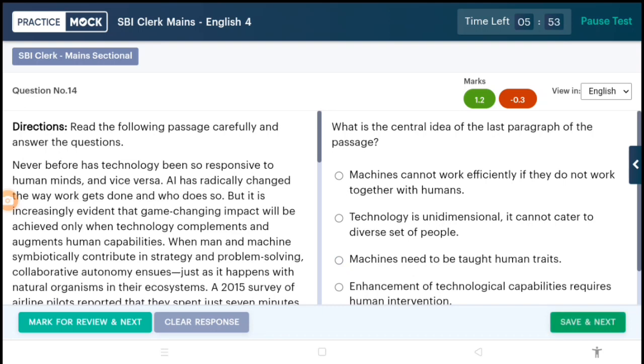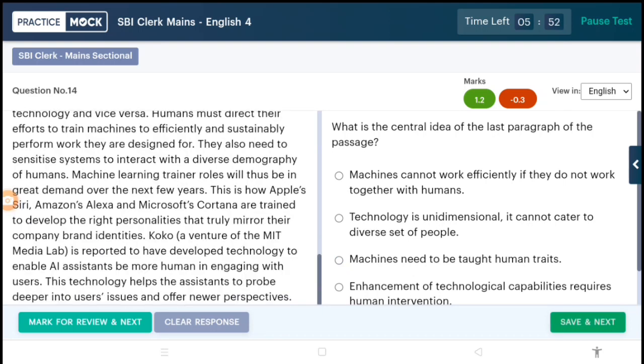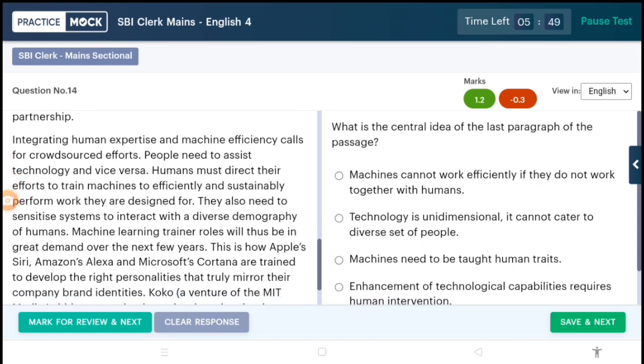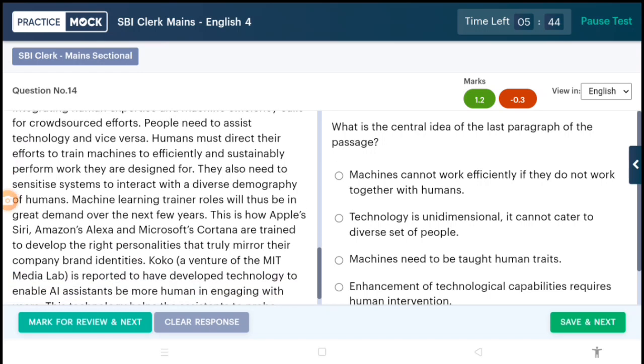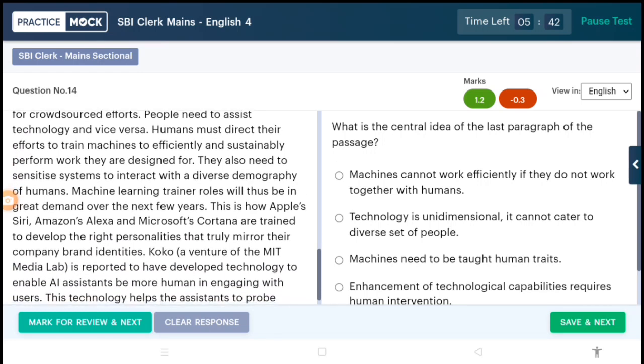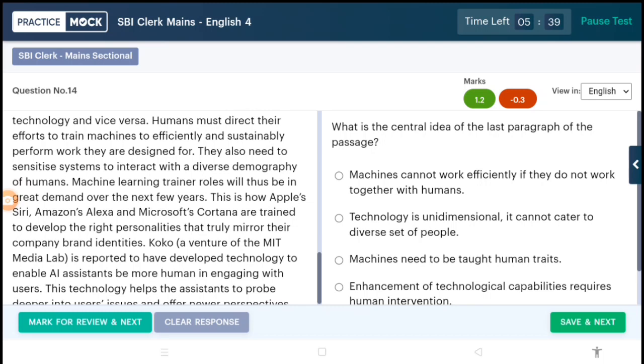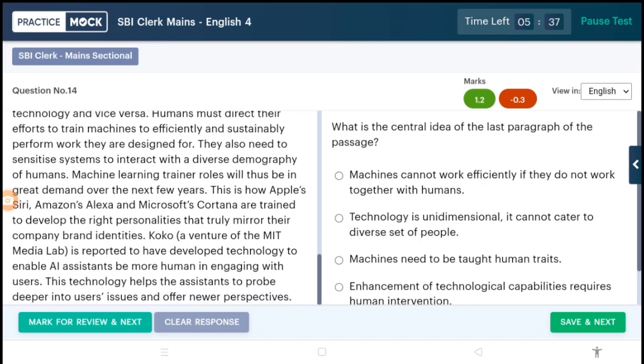What is the central idea of the last paragraph? Integrating human expertise and machine efficiency calls for crowdsourced efforts. People need to assist technology and vice versa. Humans must direct their efforts to train machines to efficiently and sustainably perform the work they are designed for. Sensitive systems.